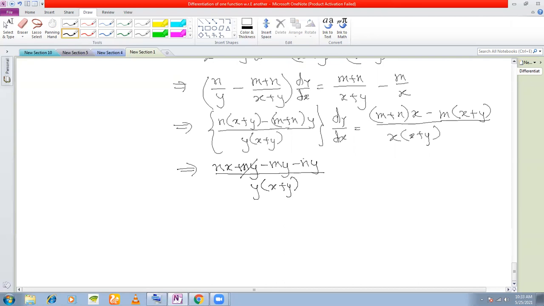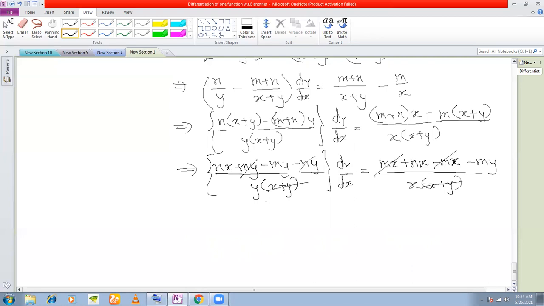So here ny will cancel. dy dx is equal to, here you again multiply mx plus nx minus mx minus my divided by x into x plus y. So here again from the numerator mx will cancel.